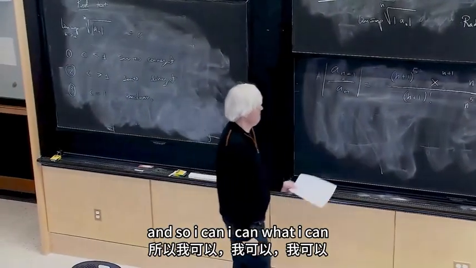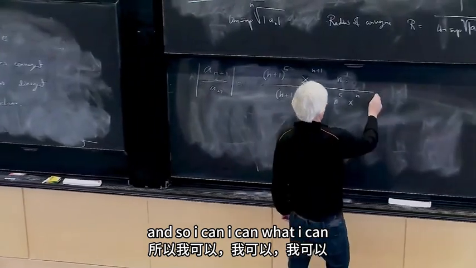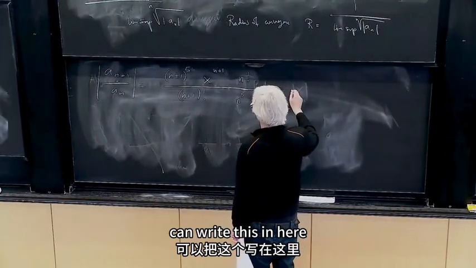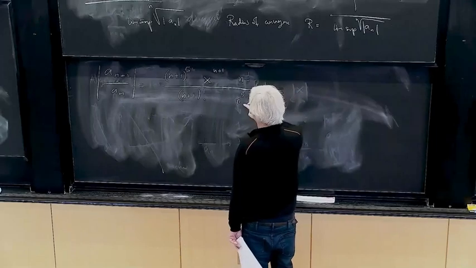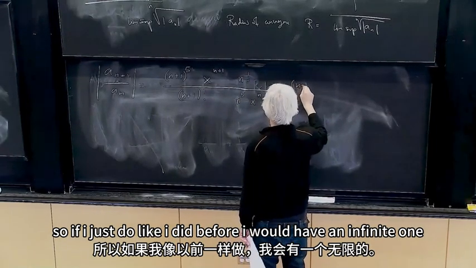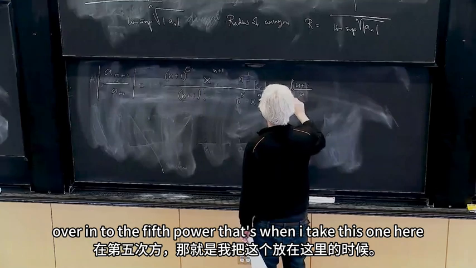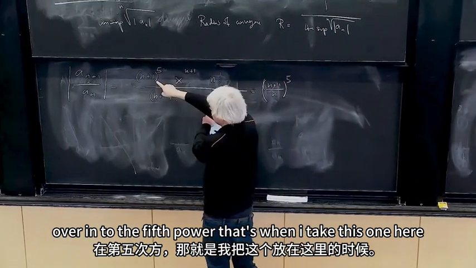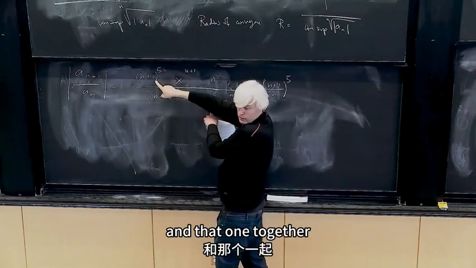And so again, I can write this as, just like I did before, (n+1) over n to the 5th power. That's when I take this one here and that one together.